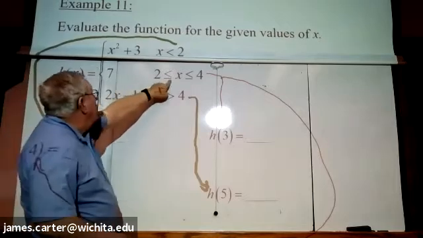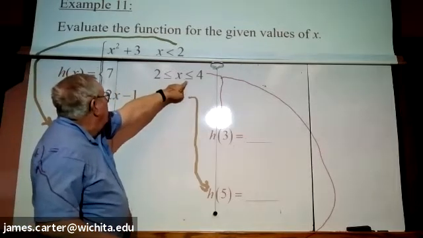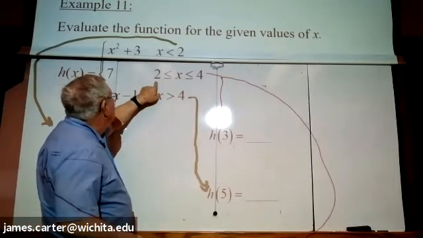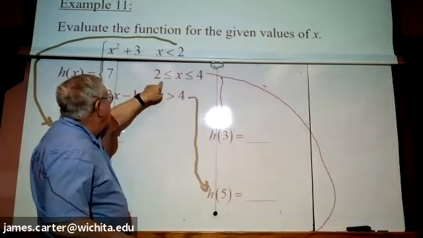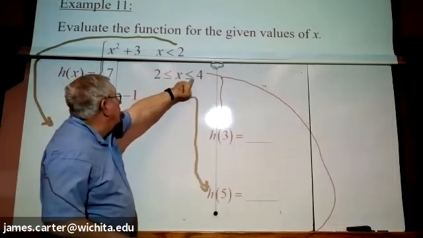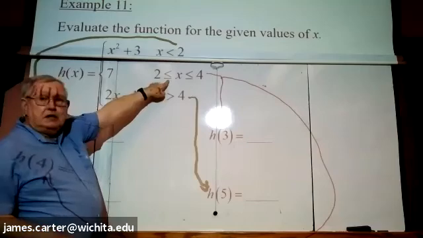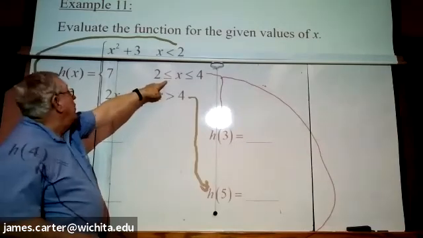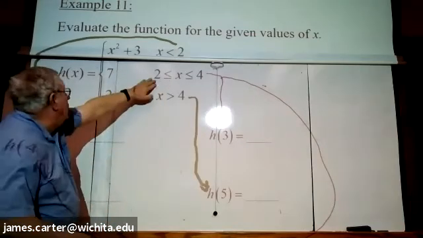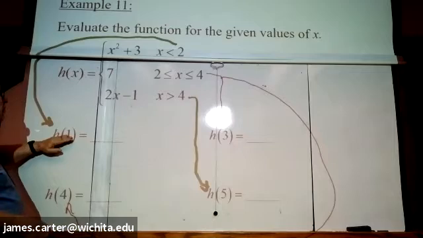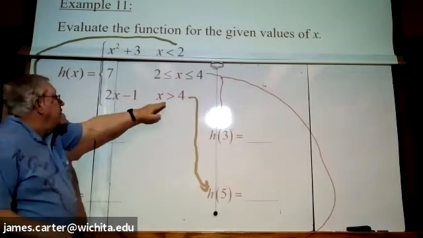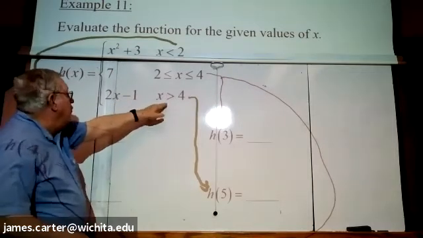What about this equation? 2 is smaller than or equal to x is smaller than or equal to 4. Is 1 part of this set? Well, no. So we don't even need to consider this equation for this problem. Now, what about this one? x is bigger than 4.